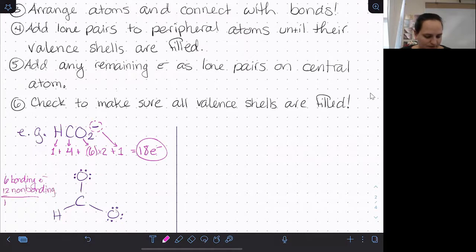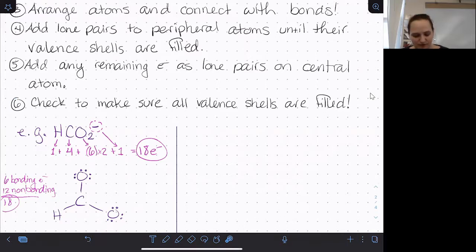So that gives us a total of 18, which is our target number. So we can't add any more. We don't have any electrons left to add to our central atom, so this step is not applicable in this structure.